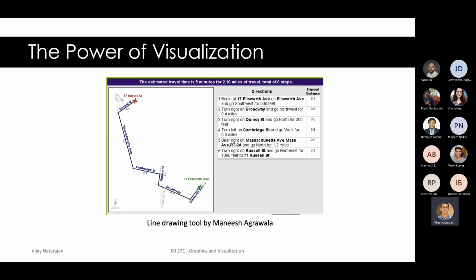But one of the important observations was that you don't need all this information, right? What you care about is some kind of a mental map, right? So let's say you are going from home to work, right? And you do this every day, right, for many years.